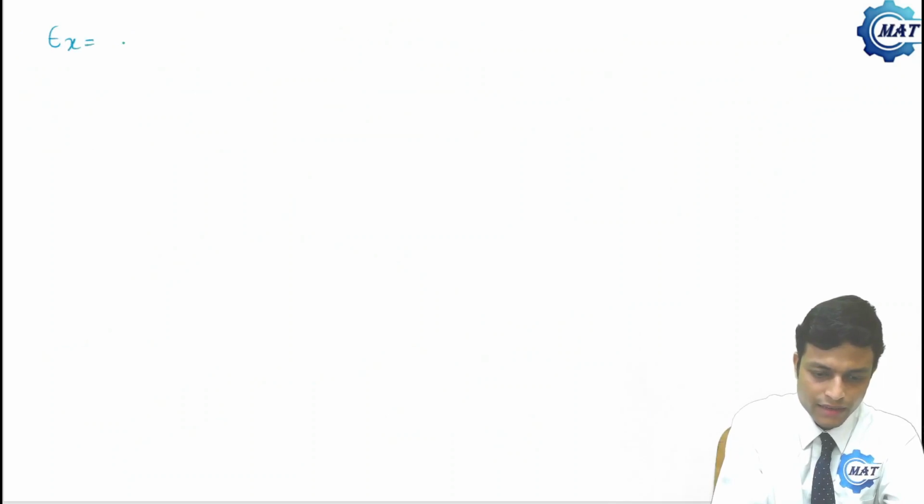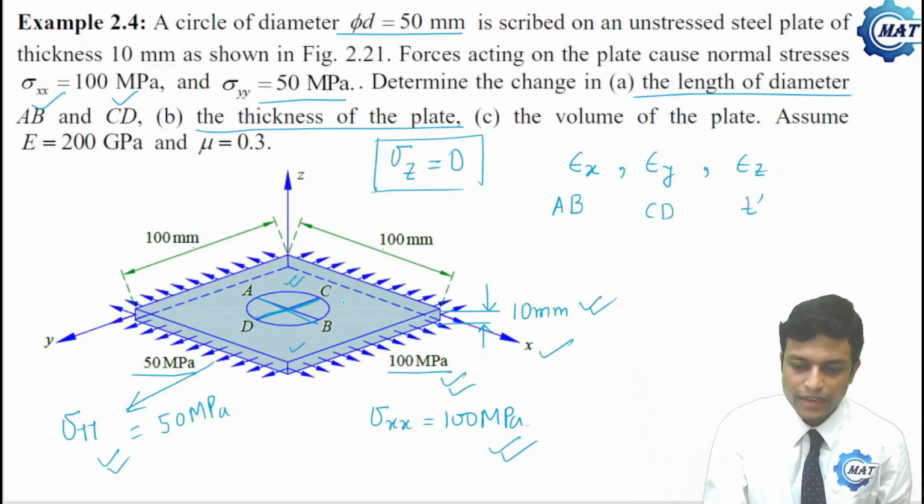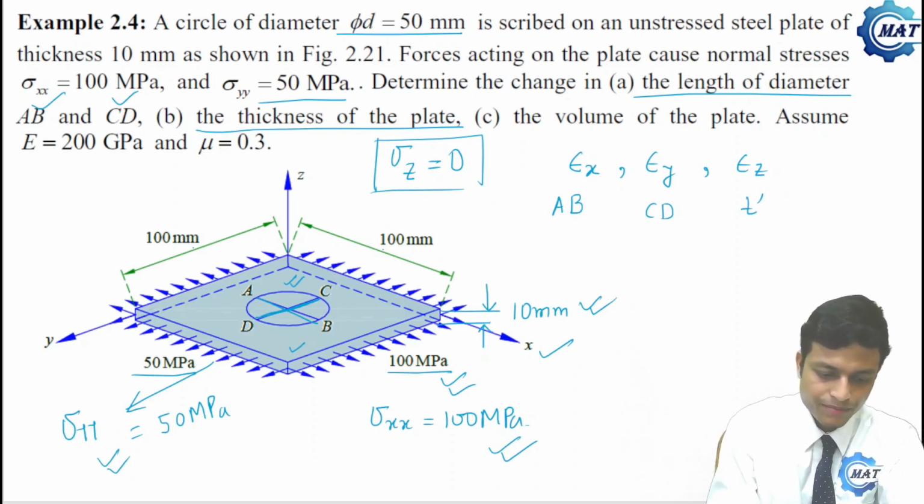So epsilon x is 1 by E into (sigma x minus mu times (sigma y plus sigma z)). Now here, what is sigma z? Sigma z is 0, because perpendicular to the plate there is no force.